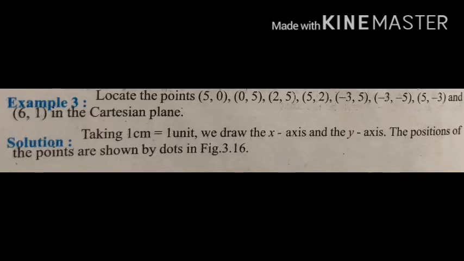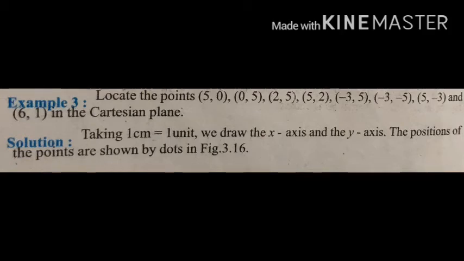Suppose we take the point (-3, -5). This is in the third quadrant. So from the y-axis along the negative x-axis the distance is -3, and for -5, the distance of the point from the x-axis along the negative y-axis is 5 units.